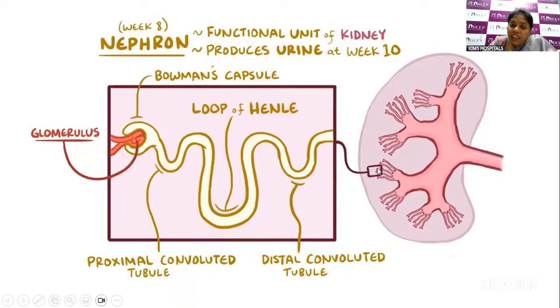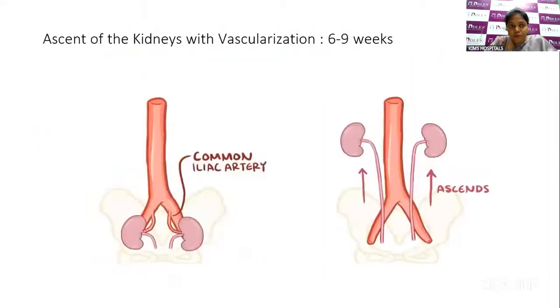From the collecting ducts, there is an S-like structure which forms and then extends to form the distal convoluted tubule, loop of Henle, proximal convoluted tubule, and the Bowman's capsule. And into the glomeruli, we have capillaries from the abdominal aorta, which help in the formation of the glomerulus and the nephron.